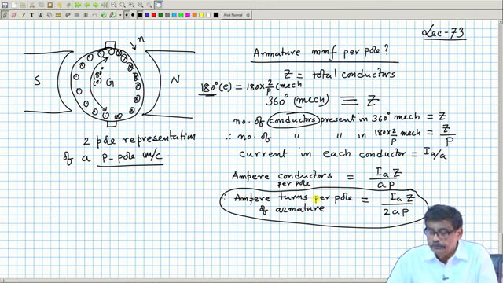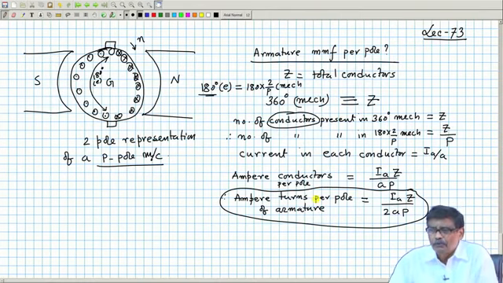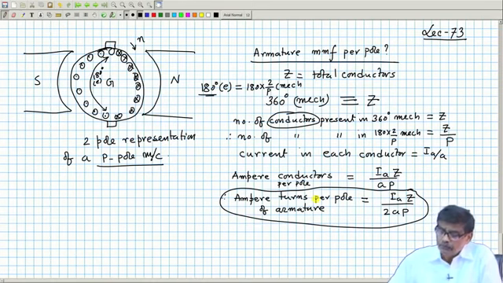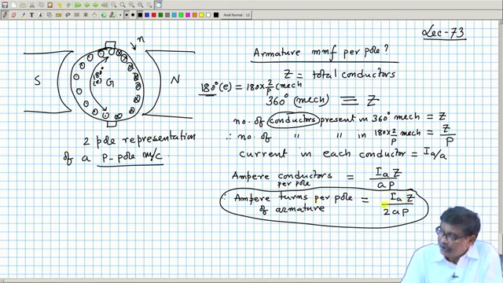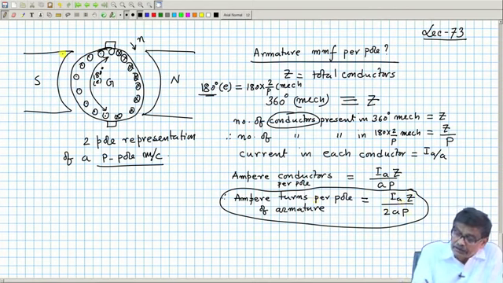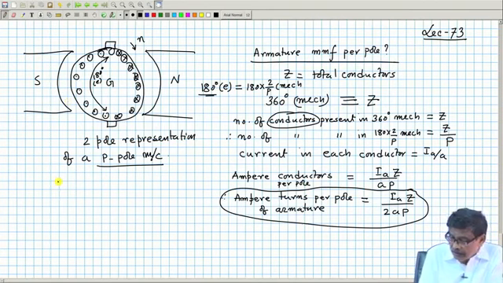Now, I told you that I do not want to have this distortion, because it causes problems in commutation and so on. Therefore, what will I put to nullify this? I will put some conductors on the pole face, a winding, and that is called compensating winding, you recall.